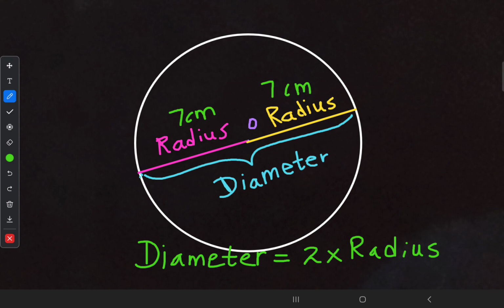All radius are equal in length. So the diameter would be 7 plus 7, which becomes 14 centimeters. This is the relationship, very easy. How did we find it? Diameter equals 2 times radius. I explained how it came about.